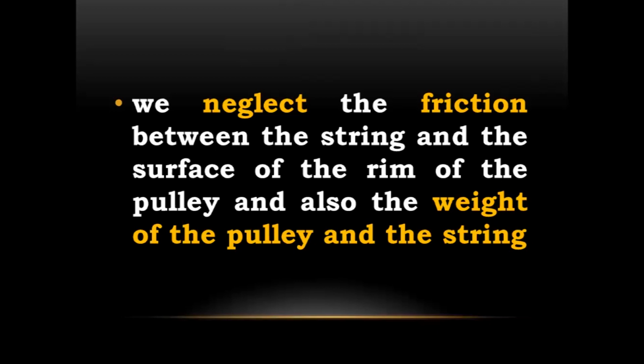So neglecting all these factors, we are going to study in detail the characters and the applications of the pulley. So we are neglecting three things: friction between the string and the surface, the weight of the pulley, and the weight of the string. Okay.